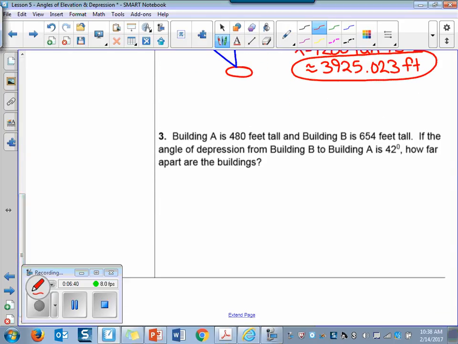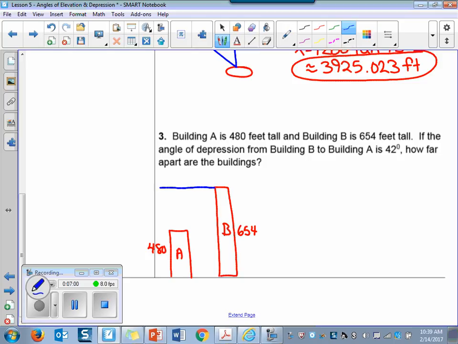Building A is 480 feet tall. Building B is 654 feet tall. If the angle of depression, okay, it means I need a horizontal.